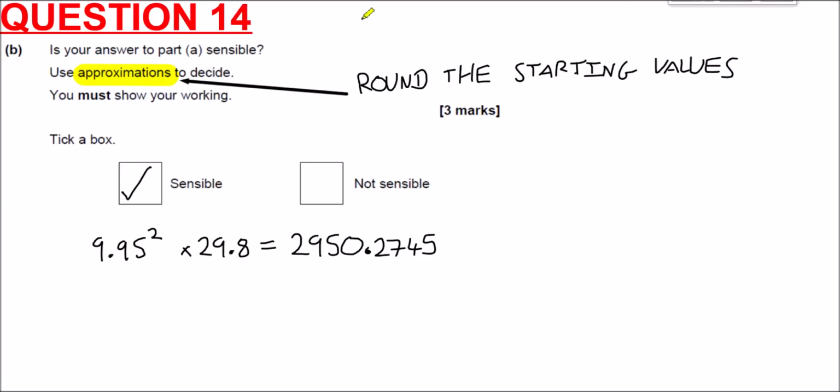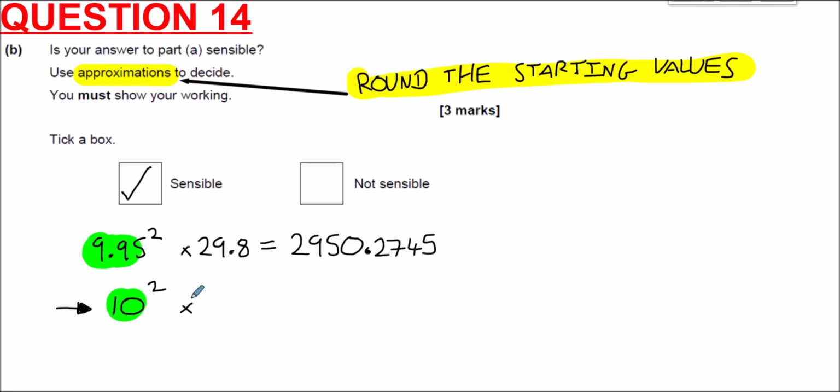And so 9.95, that's going to round fairly easily to 10. 9.95 to the nearest whole number, we can call that 10. So instead of saying it's 9.95 squared, we can estimate it as 10 squared.